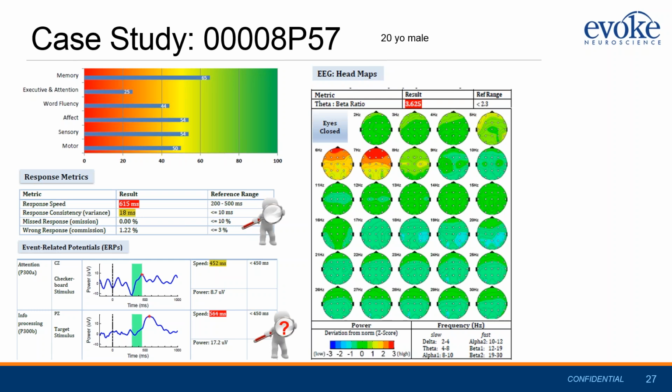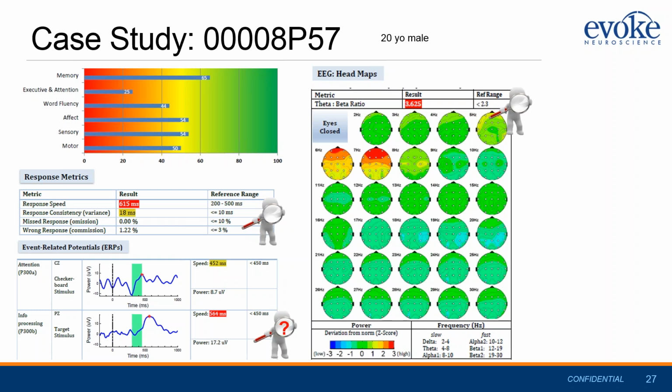When I look at my P300B, I don't necessarily see reduced power, but I do see a very significantly reduced speed. And this isn't really a clean ERP waveform. Also his P300A isn't a great waveform. So he might be having some working memory and sustained attentional problems. And he also might have problems just paying attention to a stimulus at the onset as well.